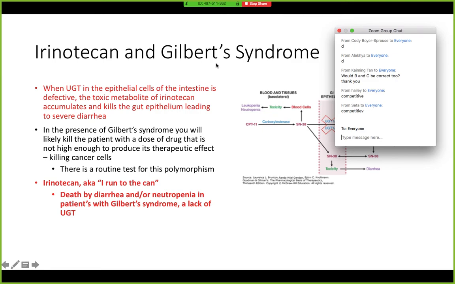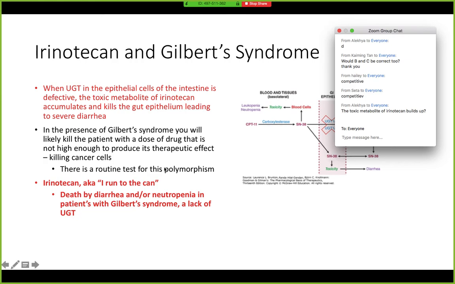So just remember irinotecan in the presence of Gilbert syndrome can lead to the toxic metabolite, which leads to death, the toxic metabolite of irinotecan, right? So that's your SN38. It builds up, it kills your gut epithelium.